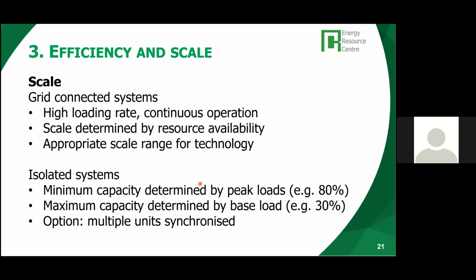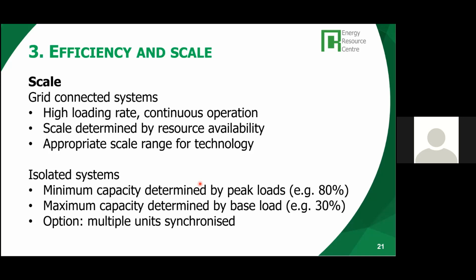For isolated systems, you can have certain ranges of appropriate scale, which is set by peak load and by base load. For example, if you want to make sure that your capacity is always sufficient, then you may choose a system which has a slightly higher capacity than the maximum expected peak load.